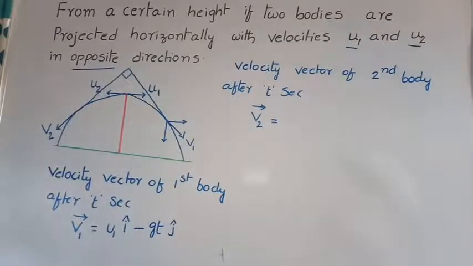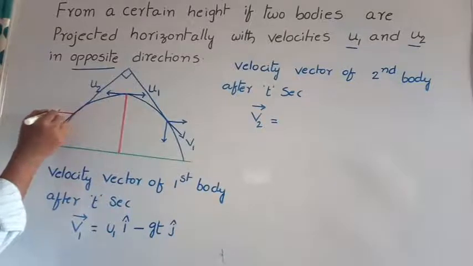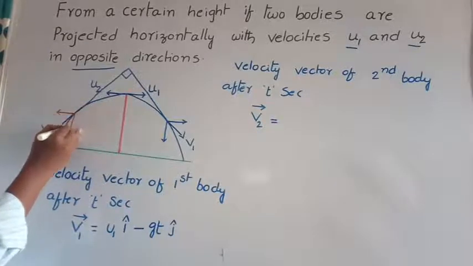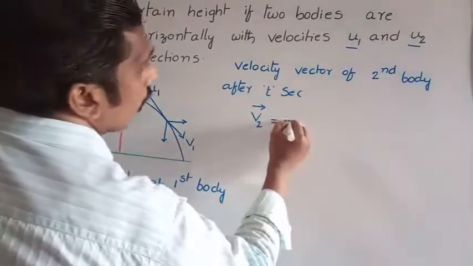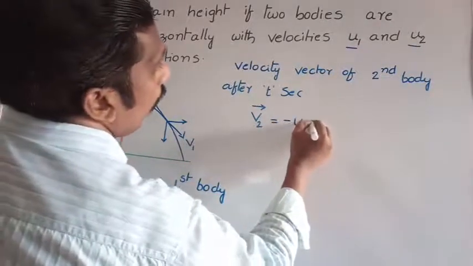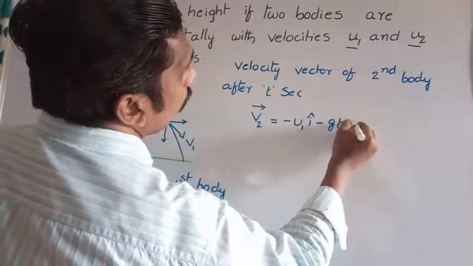The horizontal component is along the negative x-axis direction, and the vertical component of velocity is along the negative y direction. Both velocities act along negative directions. So V2 bar is equal to minus u2 i cap minus gt j cap.